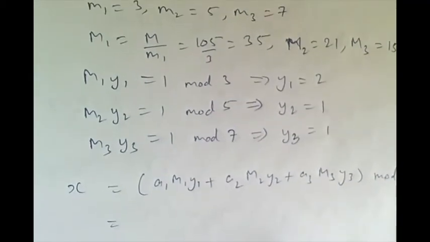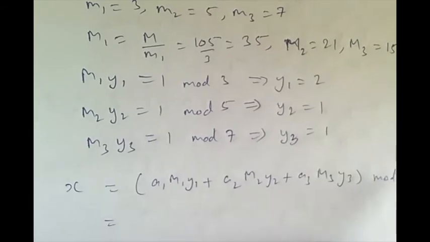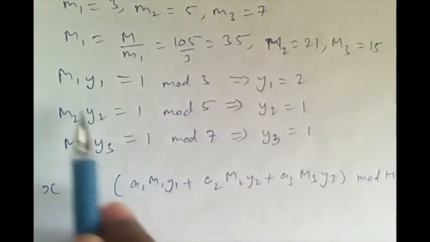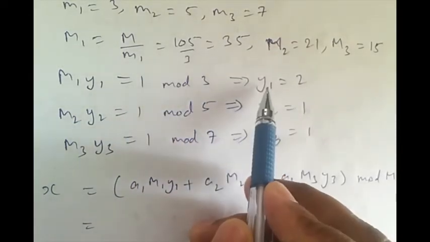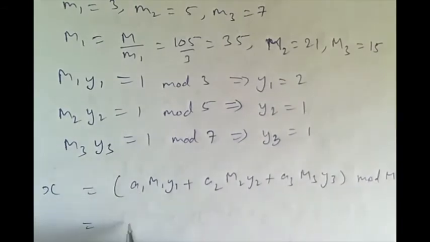So note that here it is modulo capital M, not modulo the small m's. So M1 is 35 and y1 is 2, so this is 70, and a1 is 1.